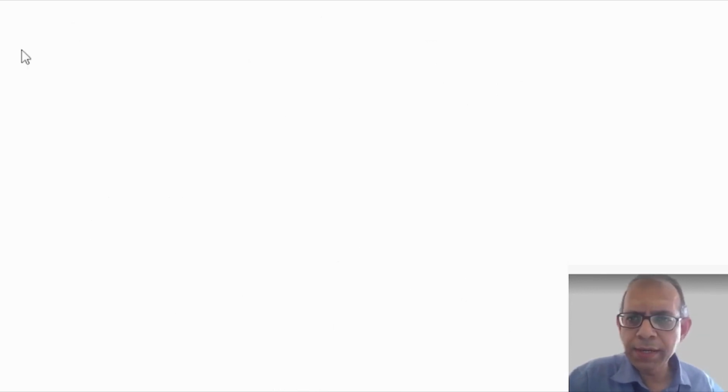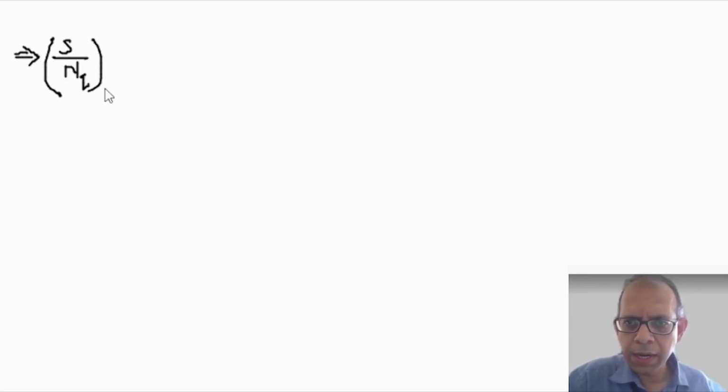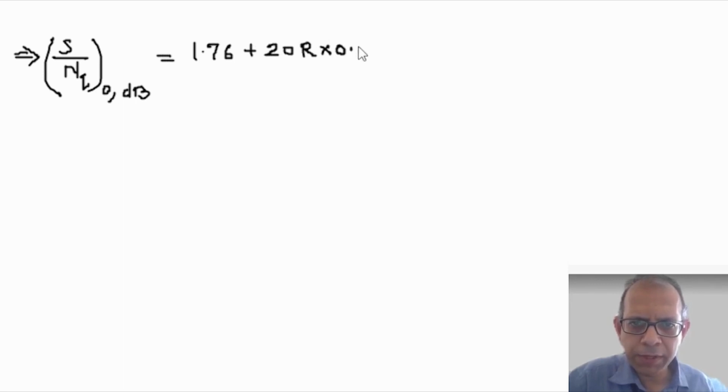Thus, we get finally the signal to quantization noise ratio at the output in dB is equal to 1.76 plus 20R into 0.3, which is equal to 1.76 plus 6R.